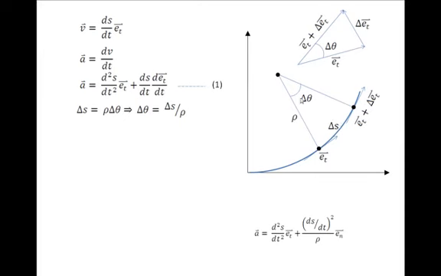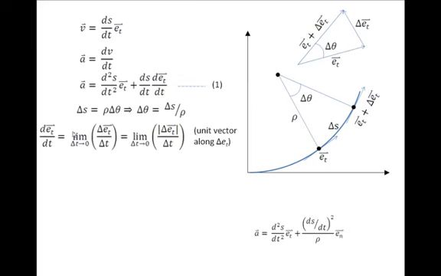Before that, I think we'll agree that the arc delta s is rho delta theta, and therefore delta theta is delta s by rho. Now delta et by delta t, by the definition of derivative, is the limit as delta t tends to 0 of delta et by delta t.